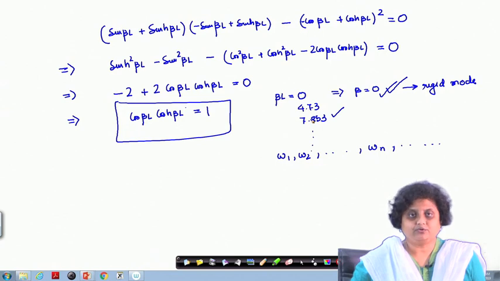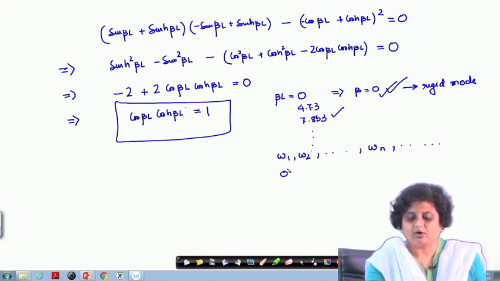This might not be possible analytically, it might become tedious analytically. So, we have to solve it numerically and get hold of phi 1, phi 2 and so on up to phi n.